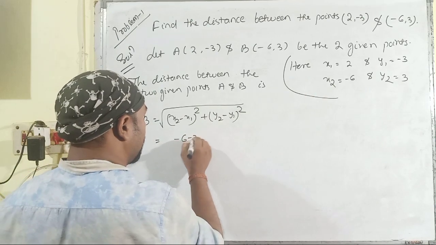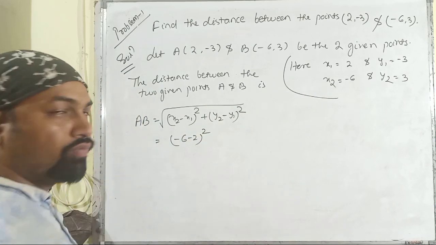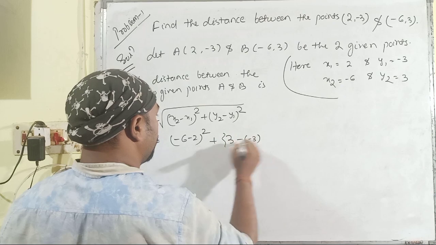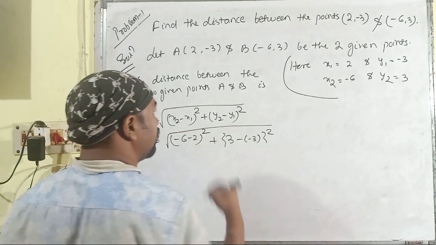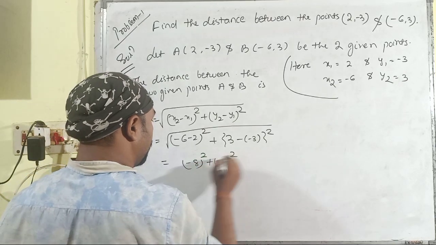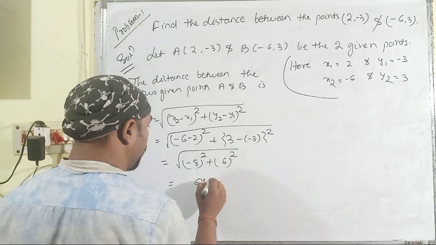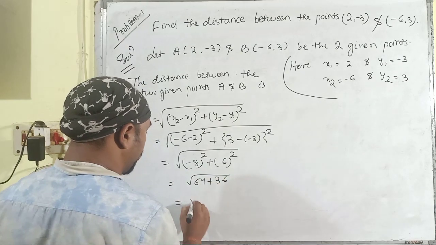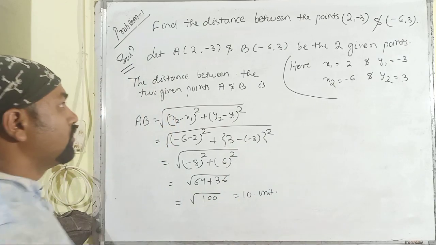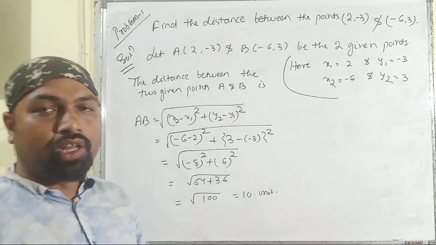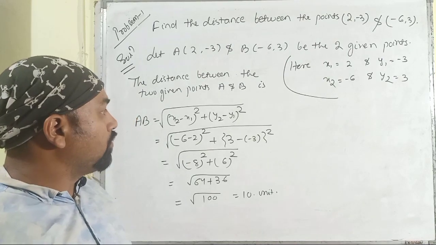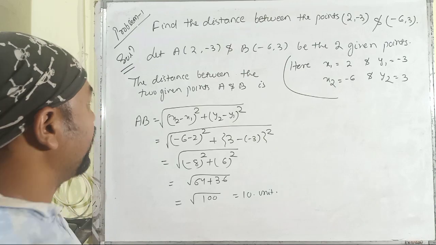Then by substituting the values of x1, y1, x2, y2 here, we have this is 64 plus 36, that means square root of 100, and that is 10 units. So here it is the procedure to evaluate the distance between any two points. Then moving towards the next problem and the case of collinearity of 3 points.